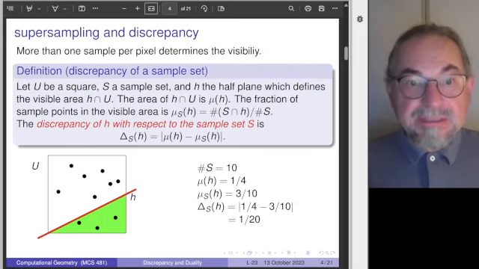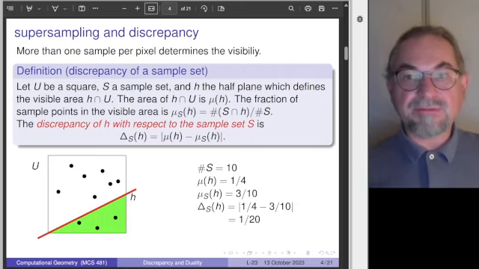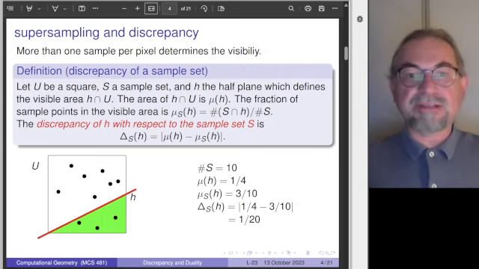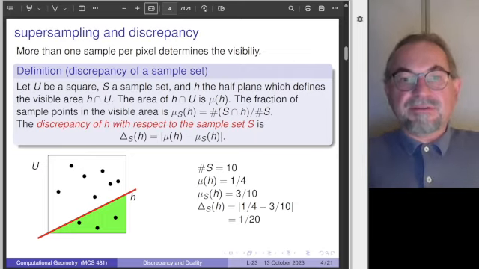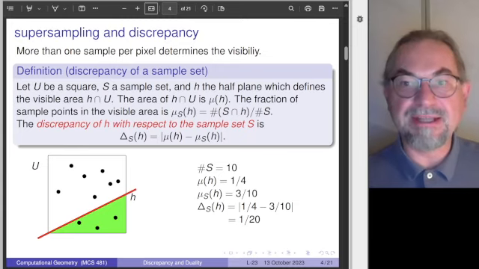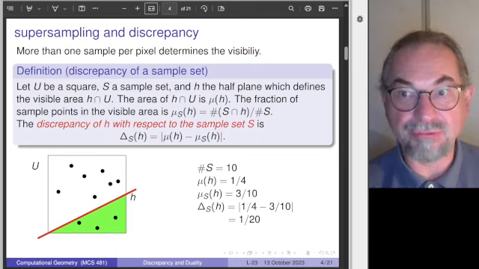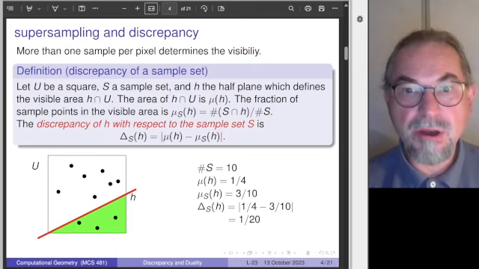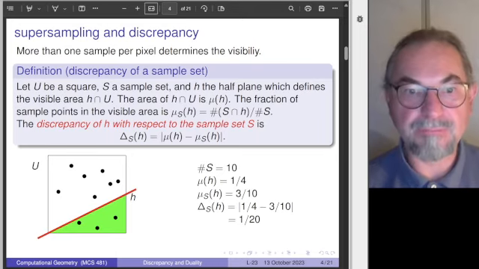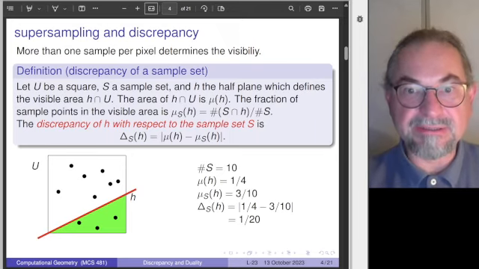And then the discrepancy of the half plane with respect to the sample set is defined as the absolute value of the difference between the exact area and the estimated area, just by counting the number of points below the red line here or inside the half plane and the unit square. Okay, so this is discrepancy.